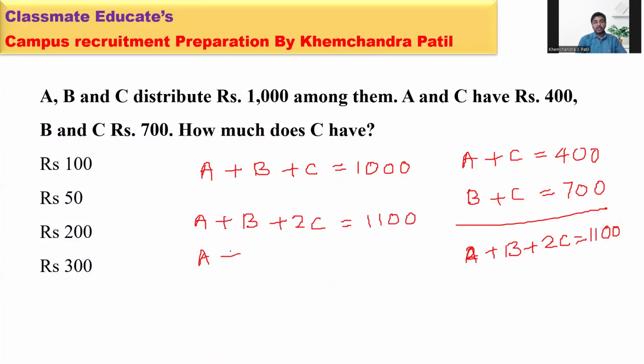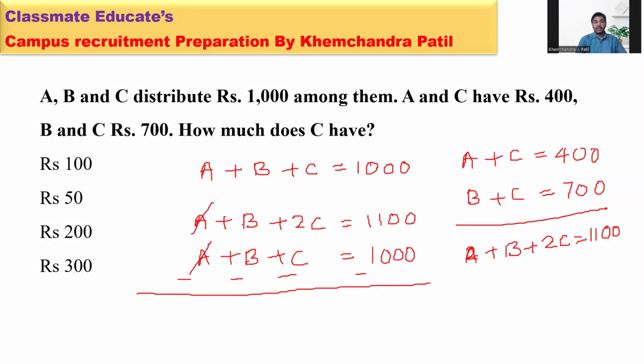And we have the first equation, A plus B plus C is equal to 1000. So we will subtract these two equations. If you subtract, A gets cancelled, B gets cancelled. 2C minus C is C, and that is equal to 100. So how much does C have? C has 100 rupees. Okay.